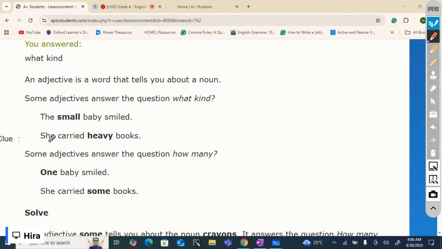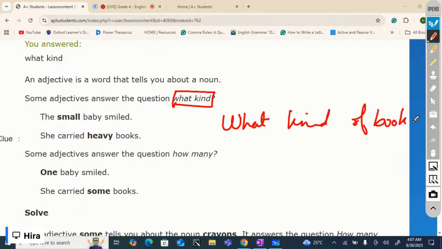The next one, she carried heavy books. Again, I'll ask this question, what kind of books did she carry? And the answer is heavy. So, heavy is an adjective.